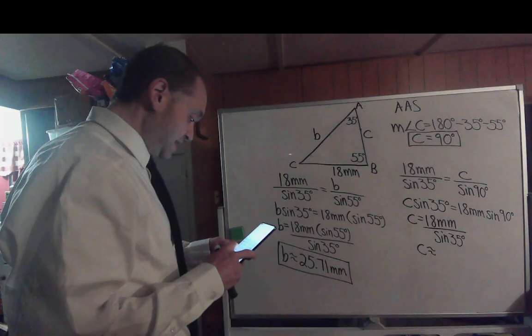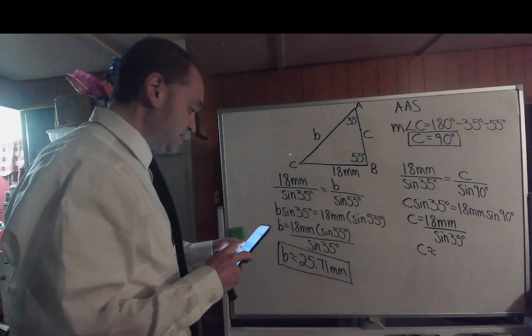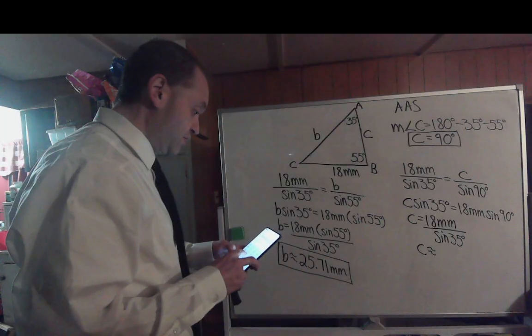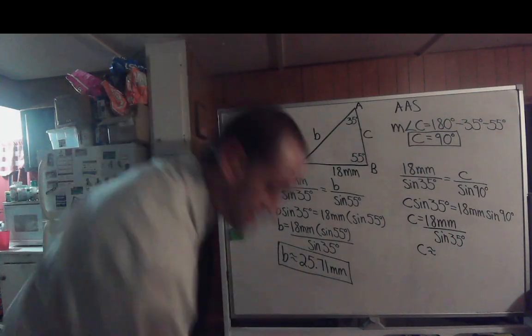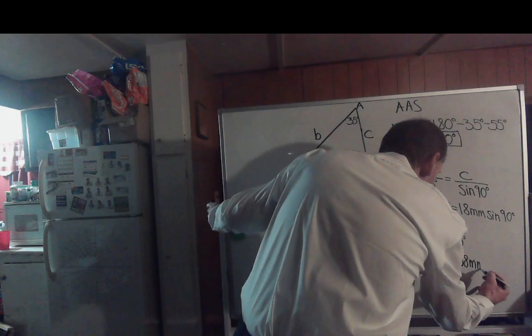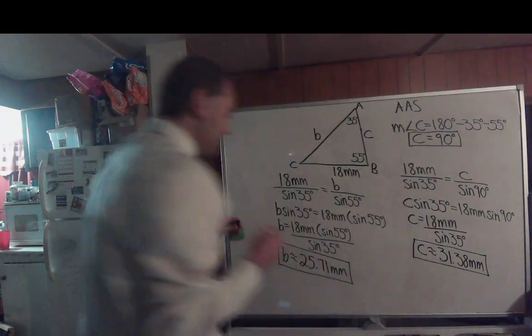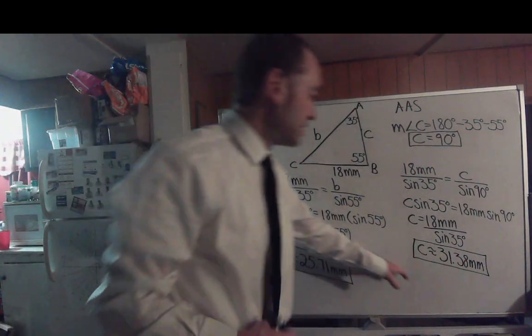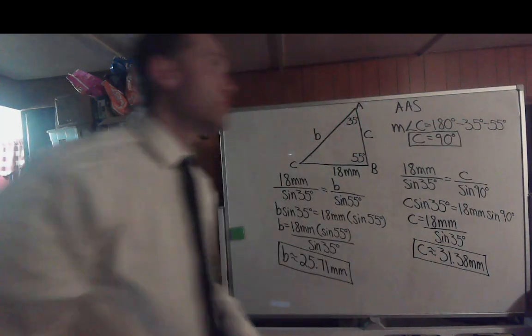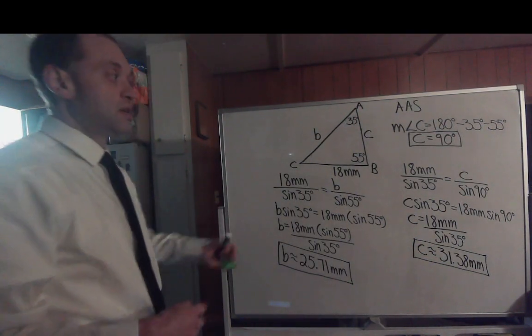So take 18, divide that by the sine of 35 degrees. To 2 decimal places, you get that side C is approximately equal to 31.38 millimeters.